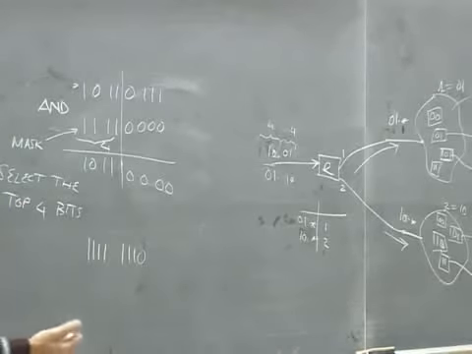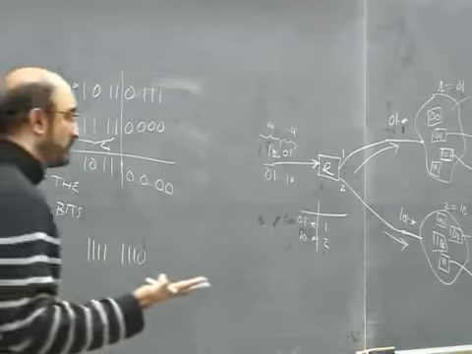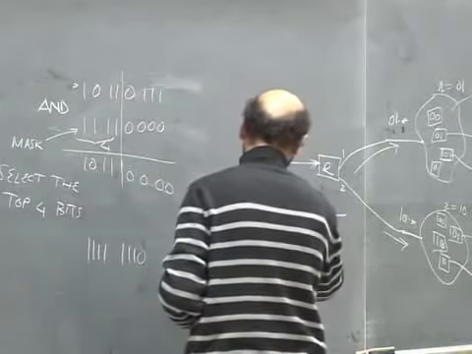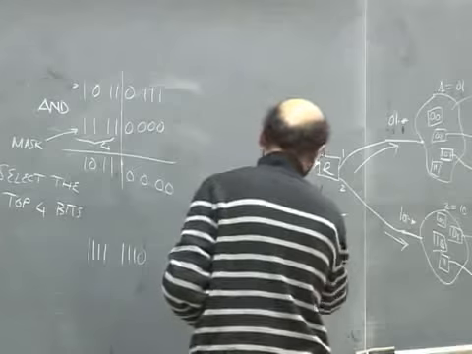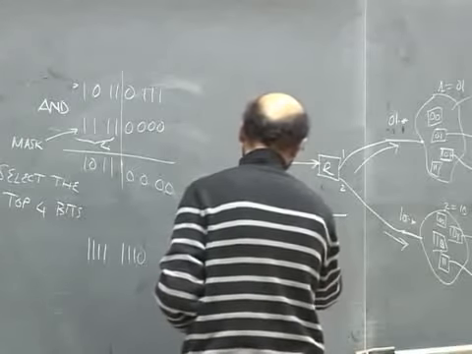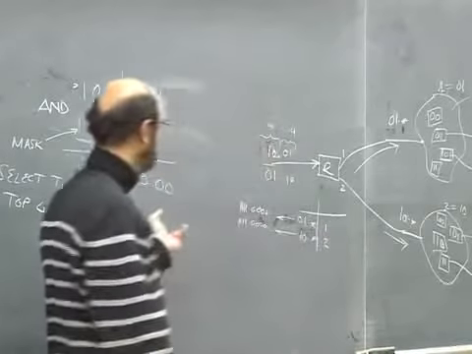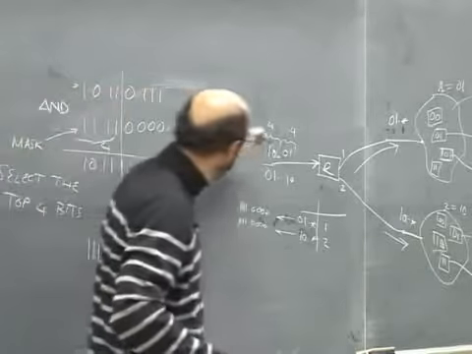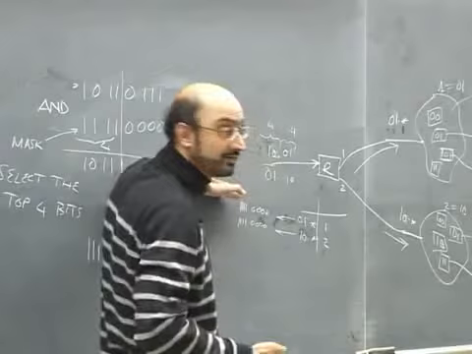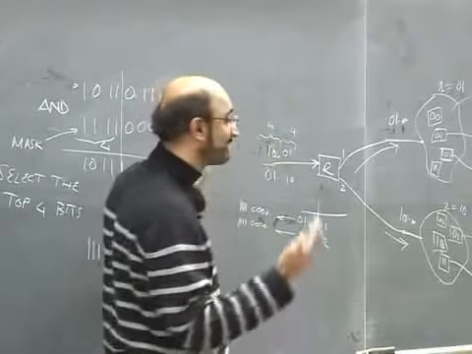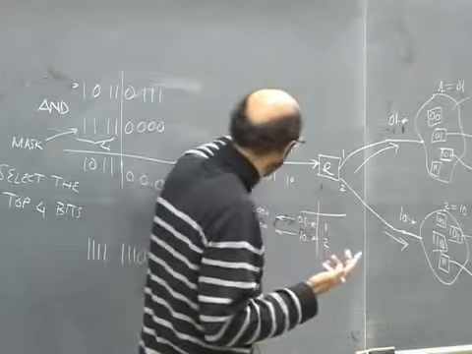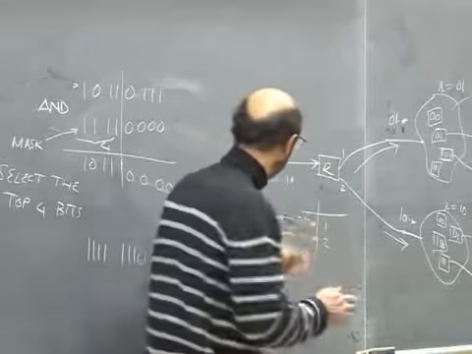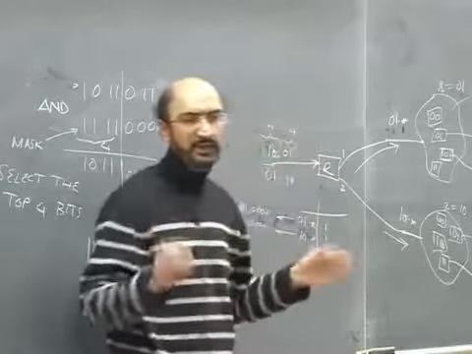How do I do that? I say use a mask of length 4. So I'll say use the mask 1111 0000, and here use the same mask 1111 0000. Does that make sense? So I'm saying take the destination IP address that I got, AND it with this mask over here, and I'll get some number. If that number matches this one over here, which is 01.0, then everything is fine.